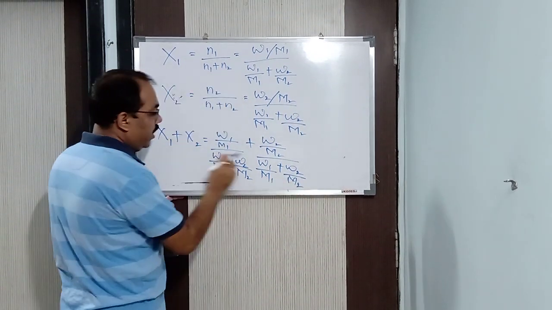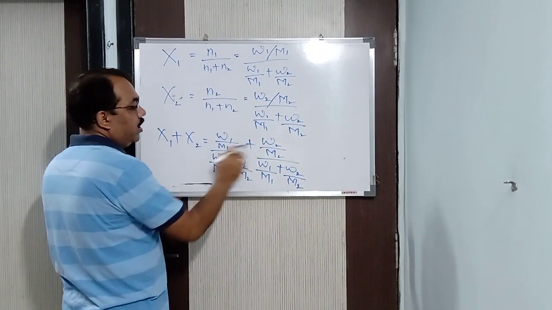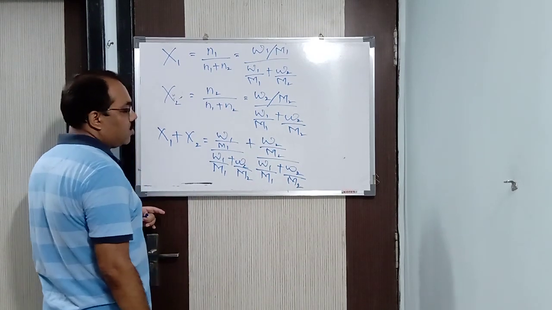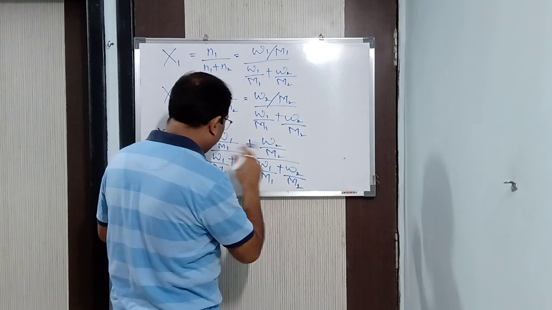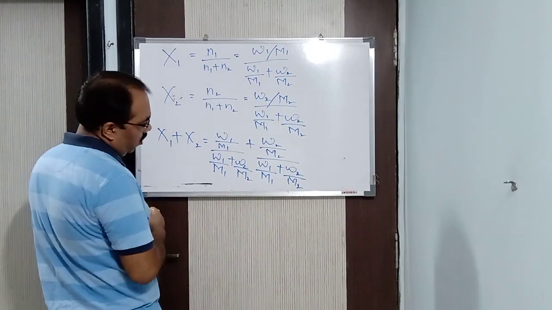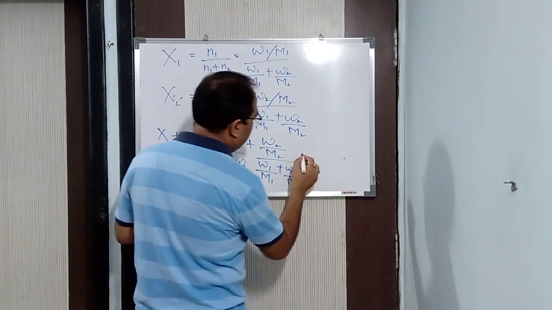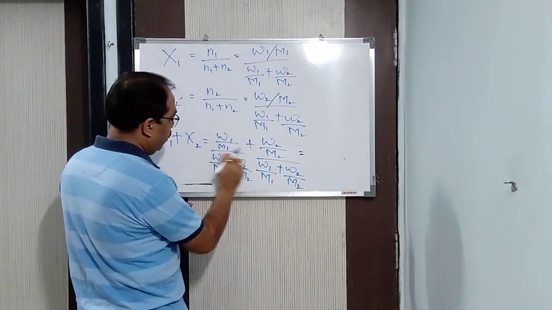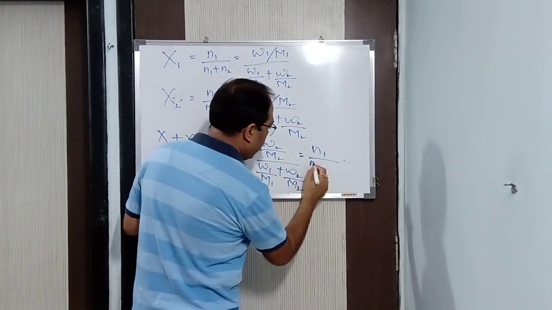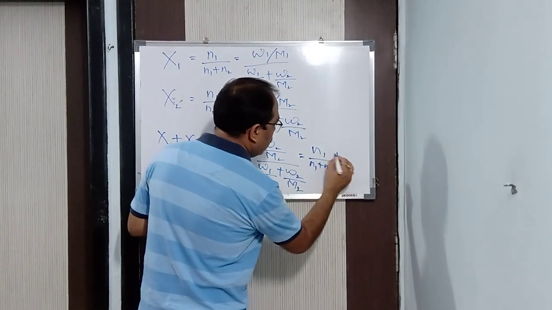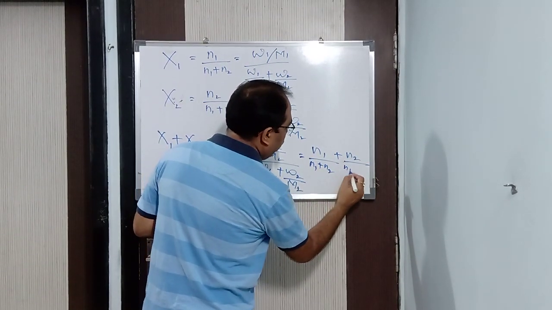Now you can see the denominator is the same, so we can add up the numerators. If you don't understand how it comes, fine: what is W1 by M1? It is N1. So this one is N1 by N1 plus N2. Similarly, it will be N2 by N1 plus N2.